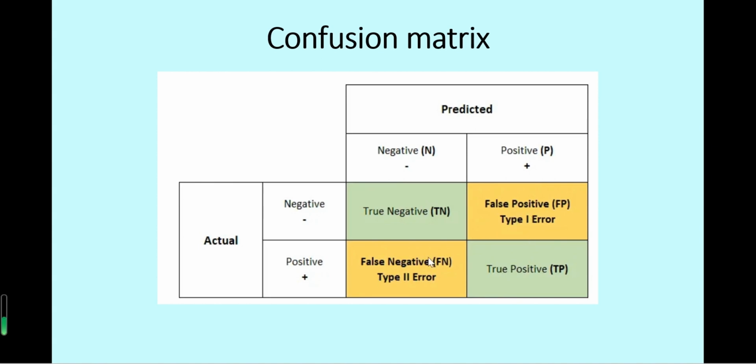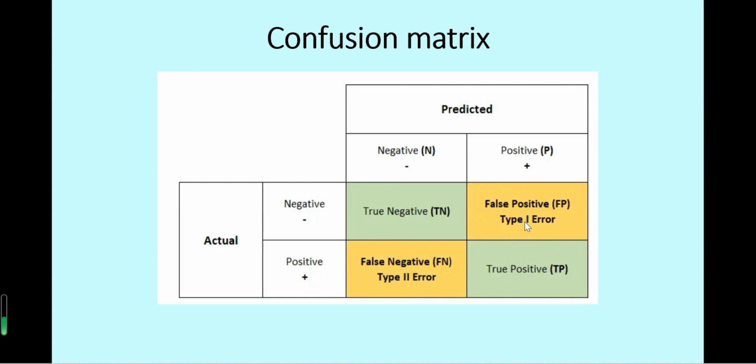These two yellow areas represent the counts of data not classified correctly. This one is called false negative: we predicted the value as negative, but actually it's positive. And this field represents the false positive, because it is predicted positive, but actually it's negative.